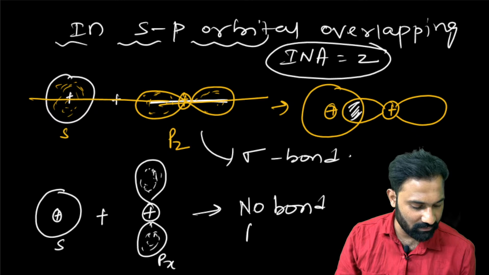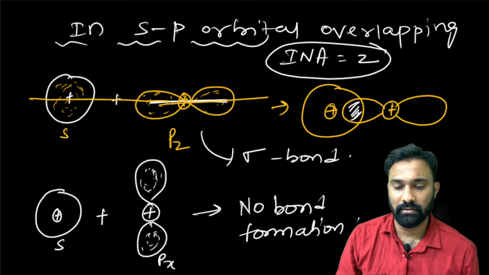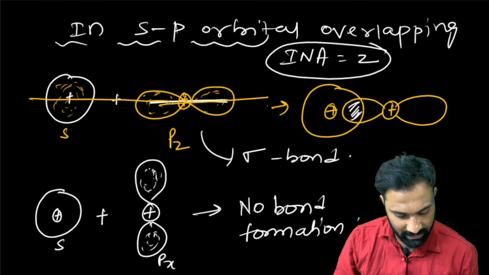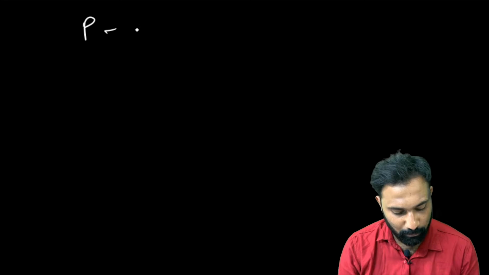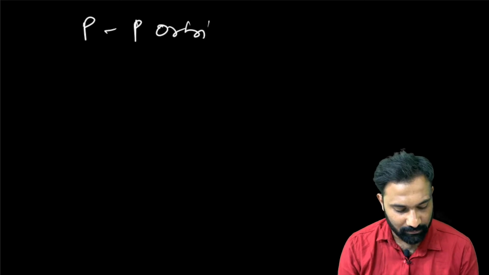Clear? Next, we'll see the p orbital overlap.